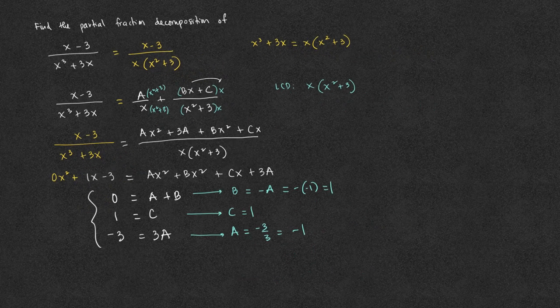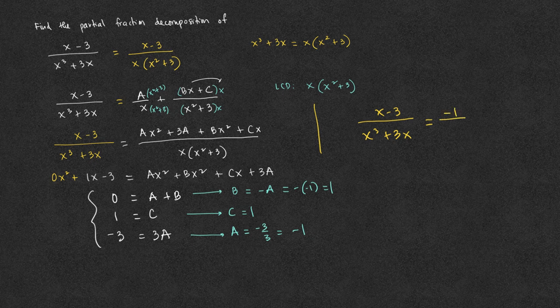We can rewrite the given rational expression x minus 3 over x cubed plus 3x as follows. We set it up so that A is the coefficient on top of x, and we found that A is negative 1.